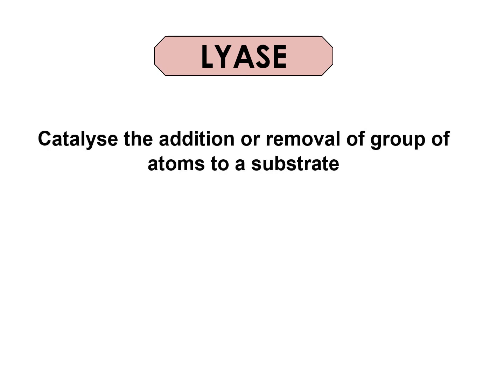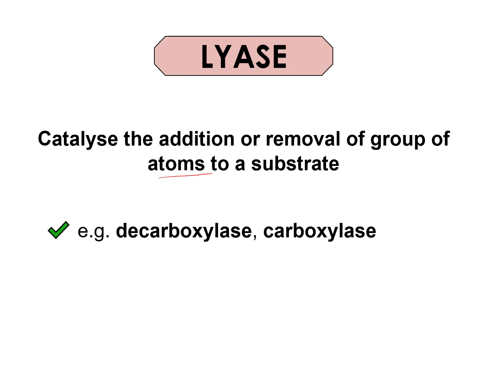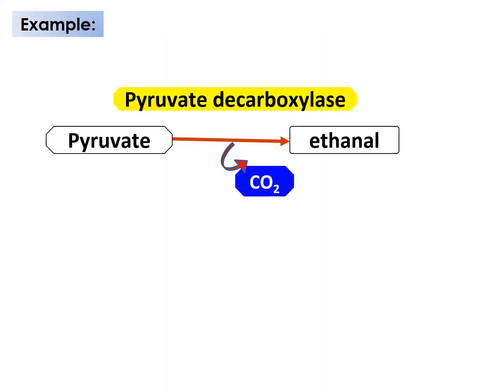Lyase. Lyase enzyme catalyzes the addition or removal of group of atoms to a substrate. Decarboxylase, removal of carboxyl. Pyruvate decarboxylase. So in this process, the pyruvate will lose a carbon molecule in the form of carbon dioxide, and then it will be converted to ethanol.